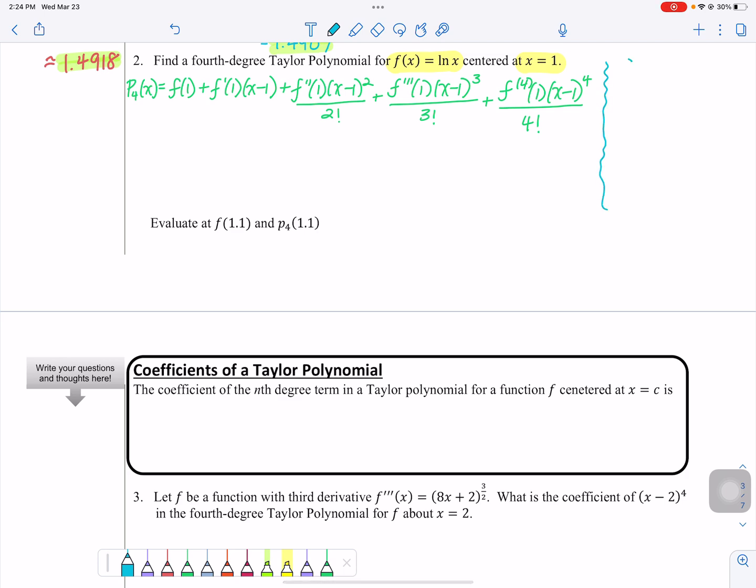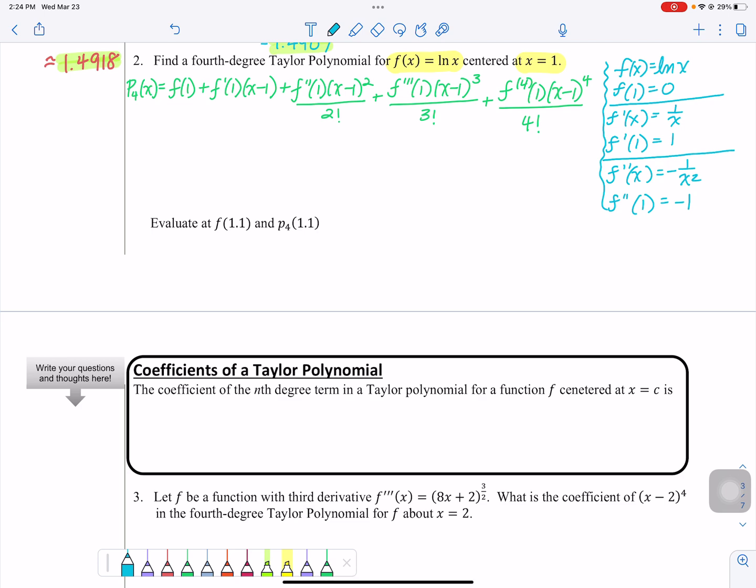So we have f of x equals the natural log of x. F of 1 is 0. F prime of x equals 1 over x, and f prime of 1 is 1. F double prime of x equals negative 1 over x squared, and f double prime of 1 is negative 1. We have two more to go.